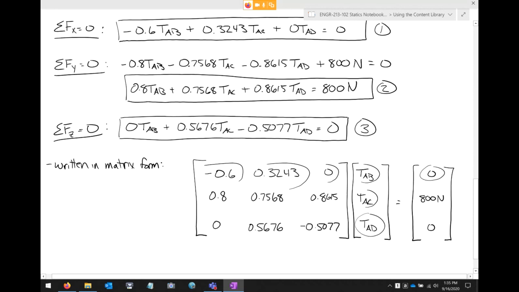That is like that first equation: negative 0.6 times this, 0.3243 times this, 0 times that. Hopefully I answered that question. If you need some clarification, let me know.